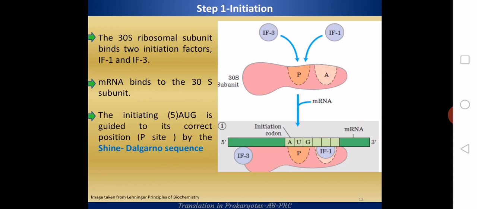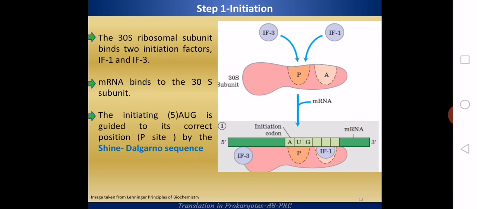And to this 5 prime end, after this mRNA is being synthesized, the ribosome will occupy the 5 prime end of the mRNA molecule. And the ribosome here clearly means the 30S subunit. The first subunit of the ribosome attaching to the mRNA will be the 30S subunit.